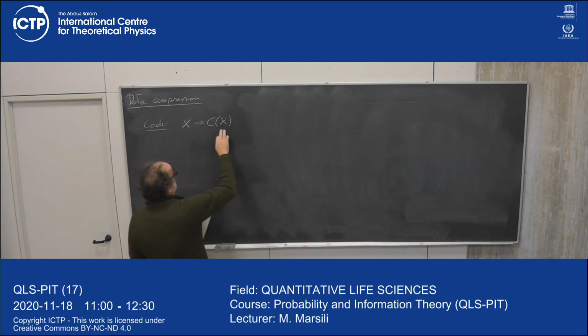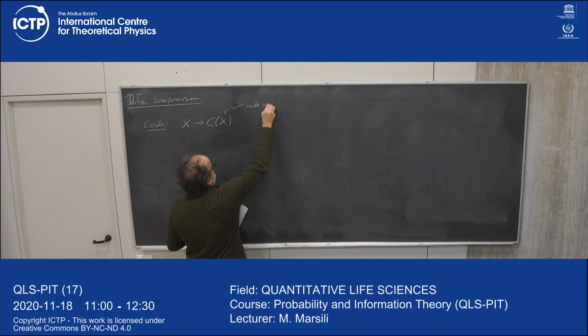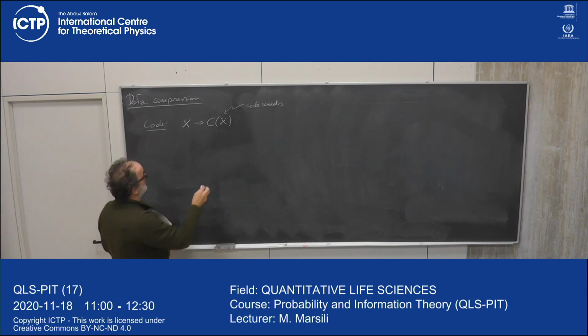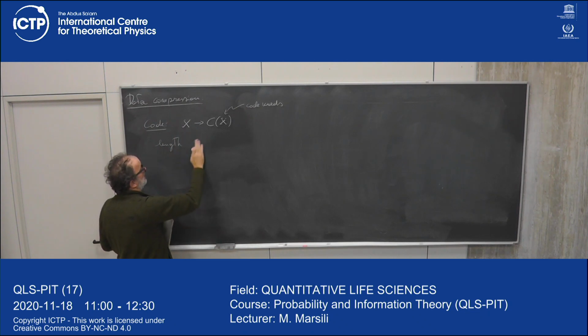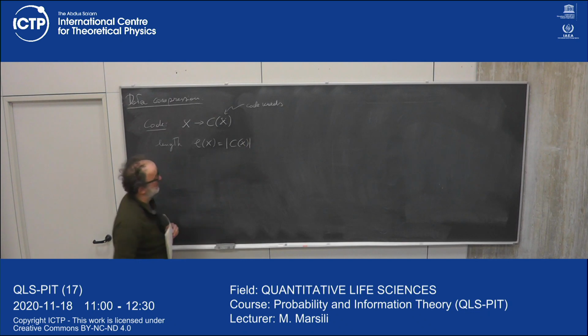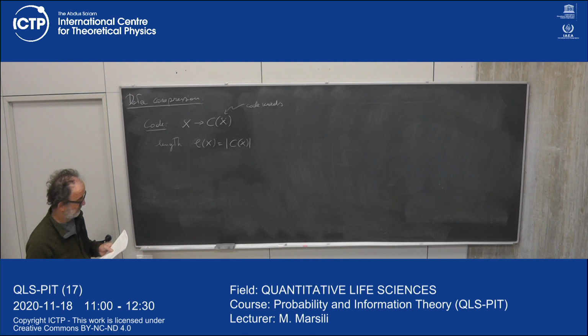And these strings of bits are called the code words. Each of these code words has a length L of x, which is equal to the number of bits in code word C of x.